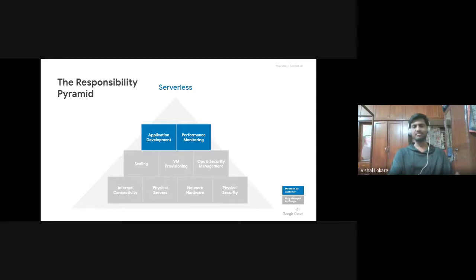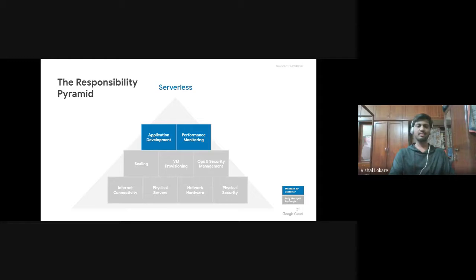As I said, we made our application and just hosted it on GCP. Performance monitoring has to be done by you: am I using more than what I should use, or is the application inside the VM running properly? And Google will take care of scaling. Whenever you need to scale, they will take care. If you need more VMs, they will provide that as well.